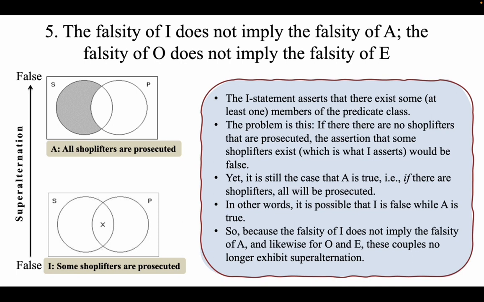So, in other words, I just demonstrated that it is possible to have a combination where I is false and A is true. But because the falsity of I does not imply the falsity of A, and likewise for O and E, these couples no longer exhibit superalternation. Okay?